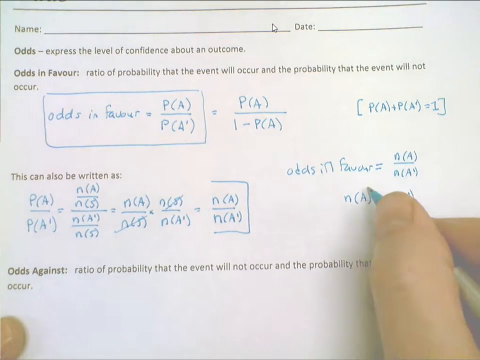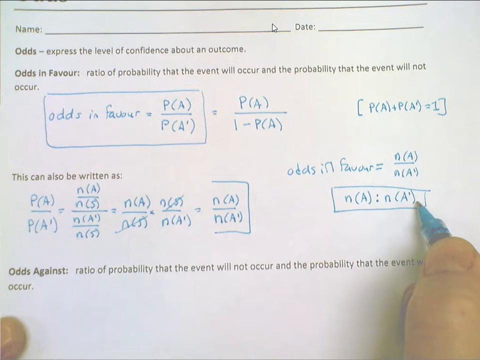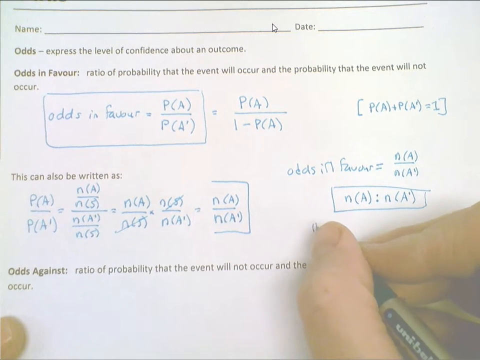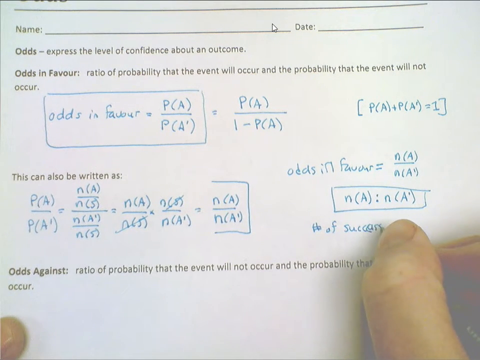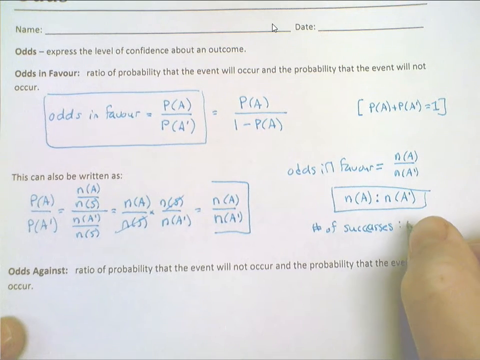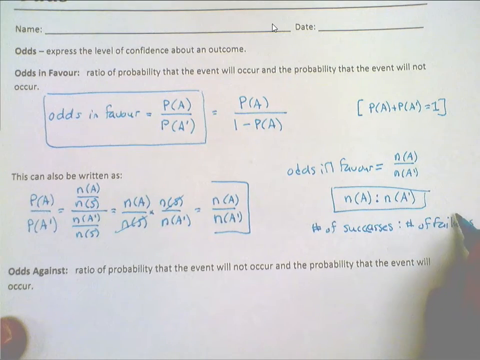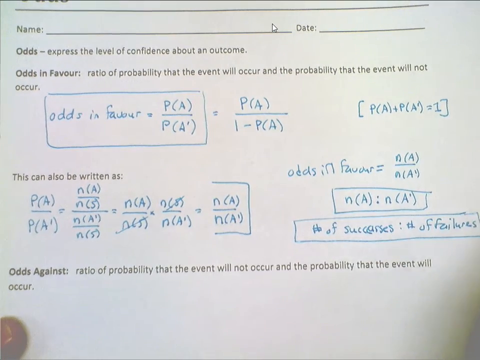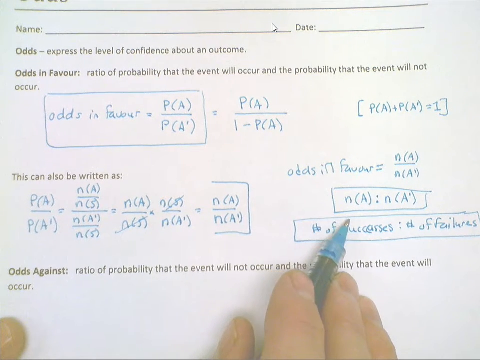That's how we typically write odds. The reason that comes about is that it's just the number of successes to the number of failures, or non-successes. It comes out this way because it's a ratio of fractions and the denominators in both are the same, so we can just write it like this.